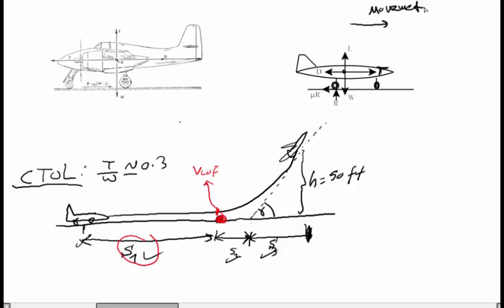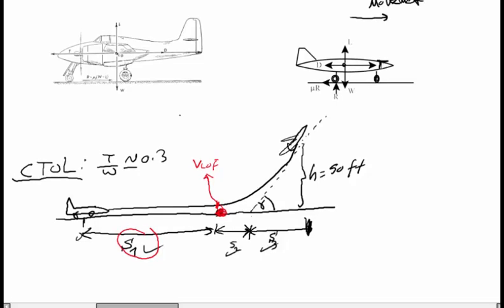We have the lift force and the weight force. And we have reactions because we have some wheels here, so we have the friction force mu R, where mu is the friction coefficient and R is the reaction.